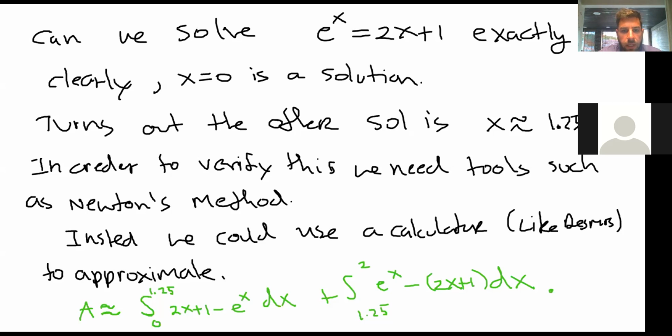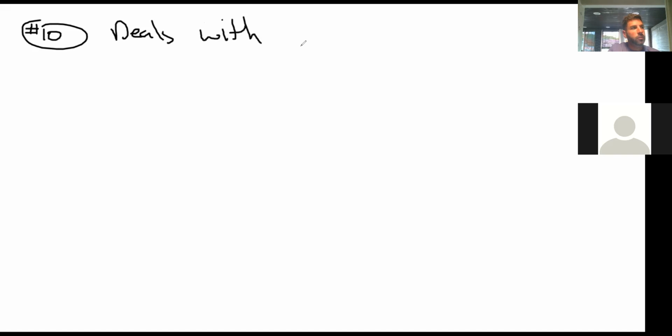All right, so the next question you had was 10. So let's look at 10. Number 10 deals with what I mentioned on Tuesday, this idea of motion along a line. So what does that mean?